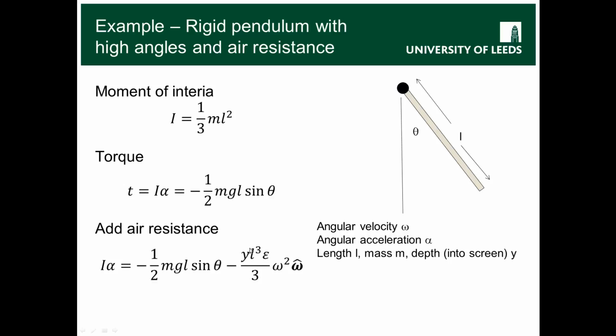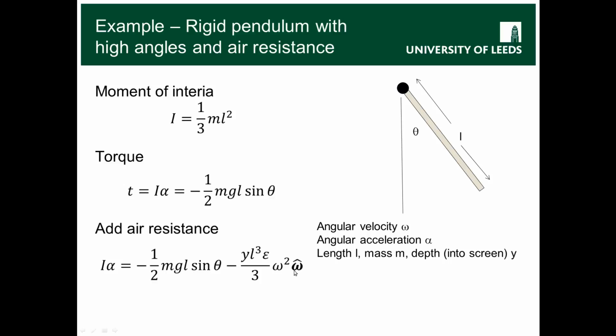Then we have an L squared and an omega squared, which is basically the linear velocity squared. But of course we want to work with the angular velocities, which is why we've pulled it out separately as omega squared. And finally this omega hat is a unit vector that is simply saying that the drag is trying to slow the thing down. So when the pendulum is swung out this side and is swinging in towards the centre, the drag is trying to slow it down.